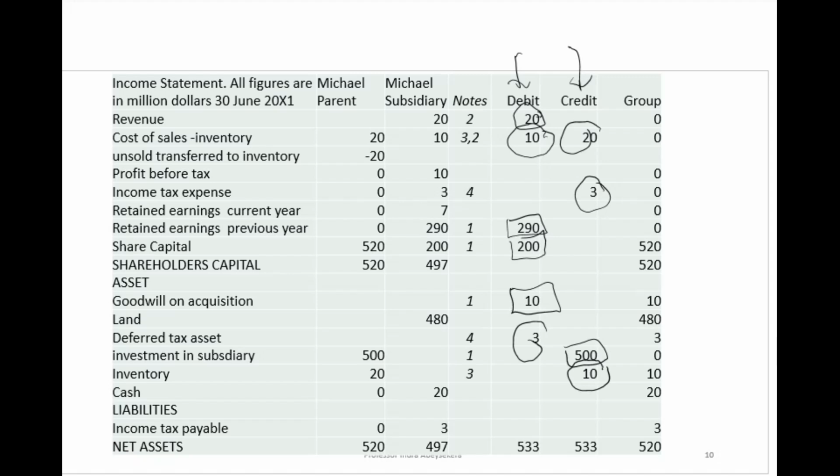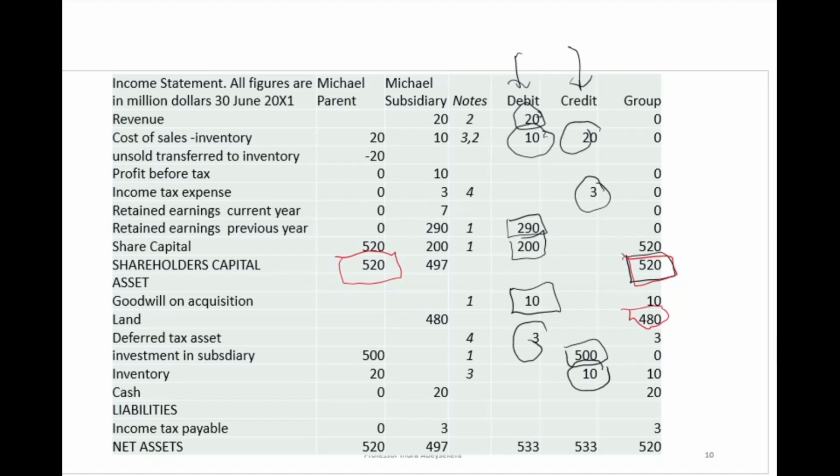And finally what we get is shareholders' capital of 520 million, which is the shareholders' capital of Michael parent. And what we have is then the land of 480 million.